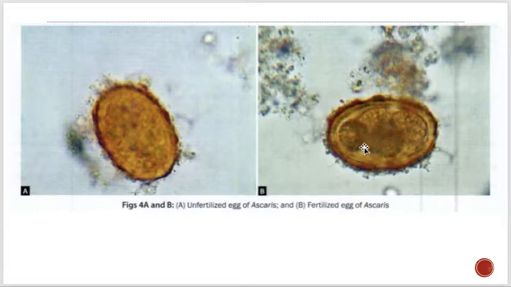One of the differences between these two: if you take a saturated salt solution, fertilized eggs float in that solution, but this one sinks down. It does not float. This is the difference.